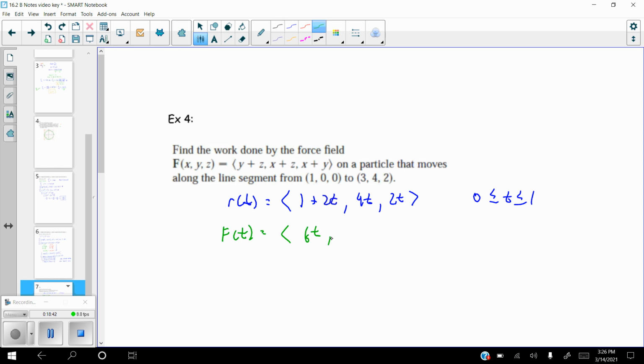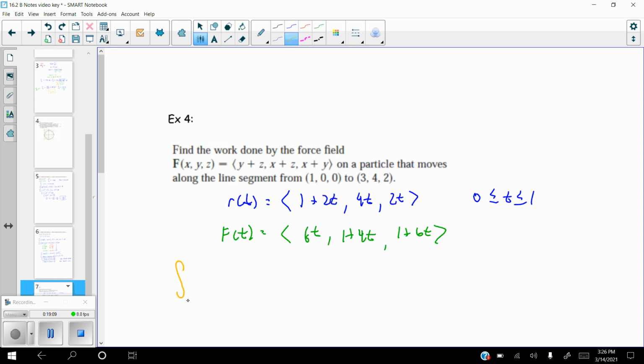The y component is x plus z, so it's 1 plus 2t plus another 2t, so that's 1 plus 4t. And then the z component is x plus y, so that should be 1 plus 6t, it looks like. So now that the force and the position function are both defined parametrically, I'm going to dot the two of those, and we'll take the integral.